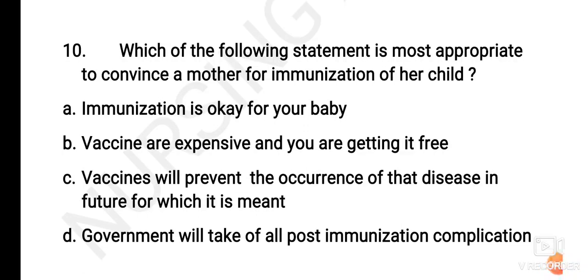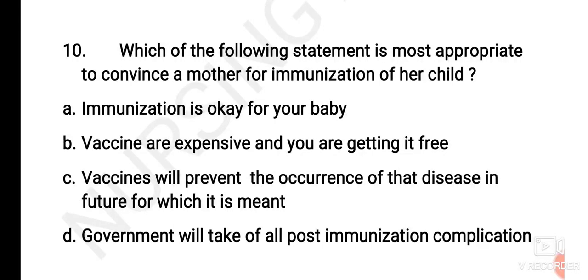Next question. Which of the following statements is most appropriate to convince a mother for immunization of her child? Immunization is okay for your baby. Vaccines are expensive and you are getting it free. Vaccines will prevent the occurrence of that disease in future for which it is meant.